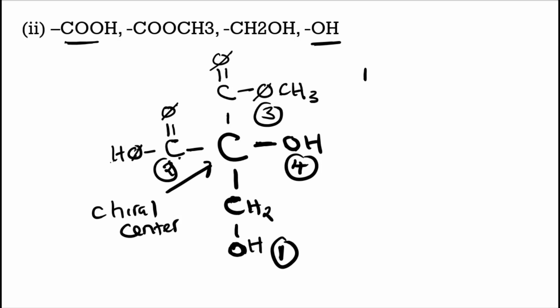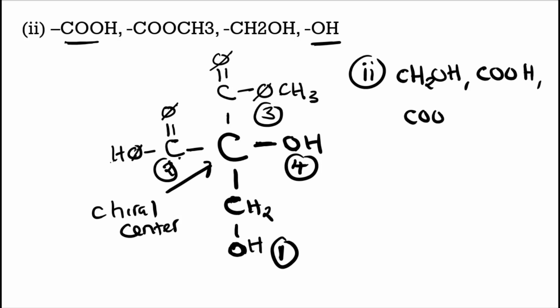In ranking, this carbon here will be the lowest, followed by COOH, followed by COOCH3, and then followed by the OH. The OH will be the highest. So this is the ranking.